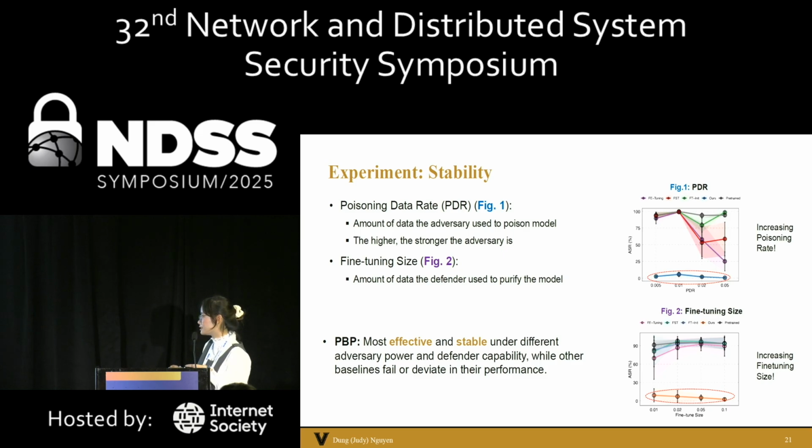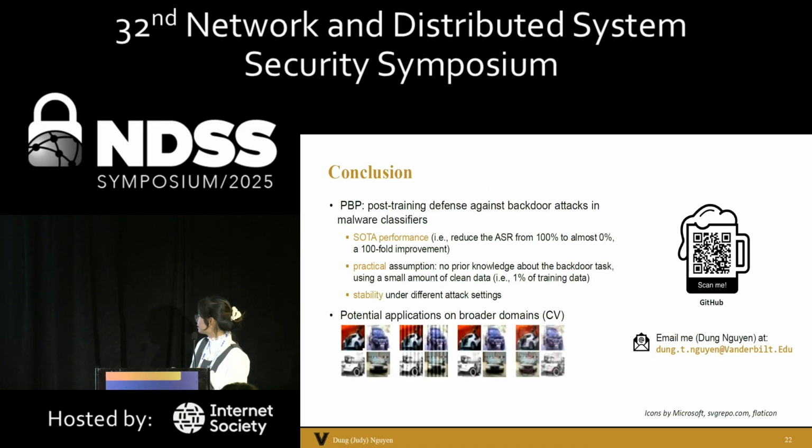And the conclusion is that in the cases that we consider, PBP is still the most effective and stable method in reducing the attack success rate. It is the lowest point compared to the other lines from other fine-tuning methods.